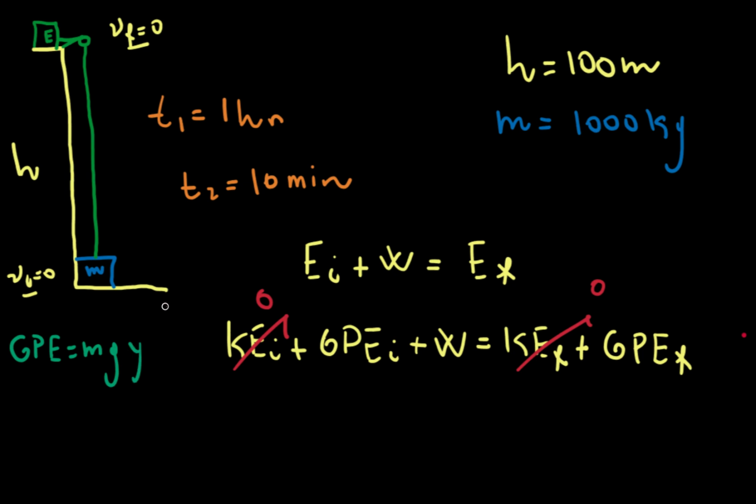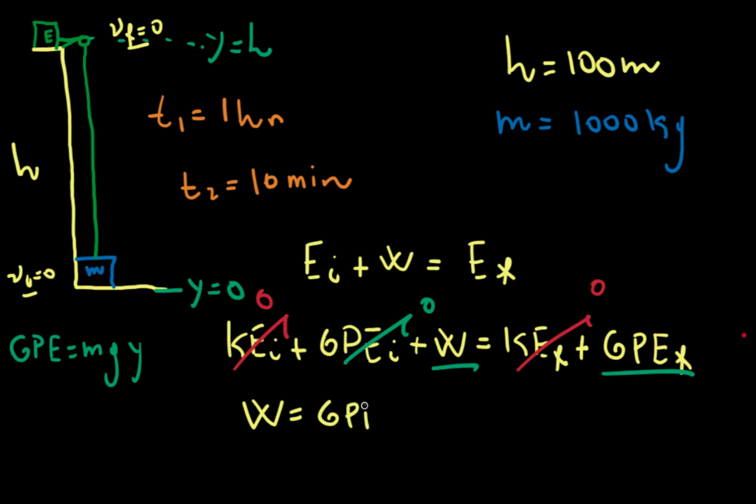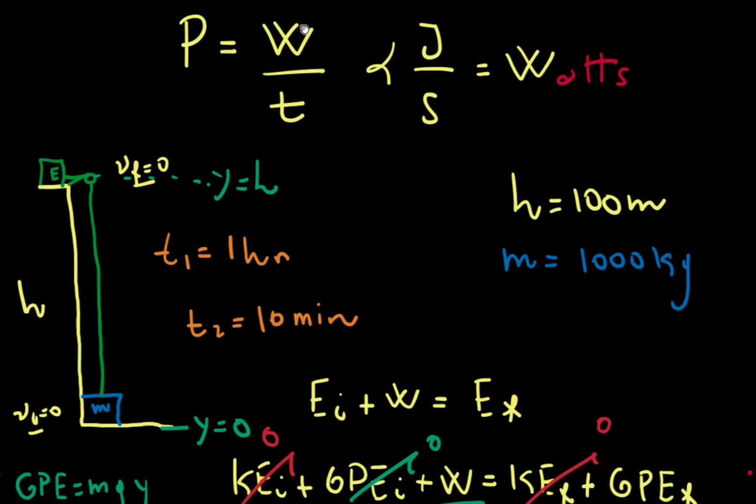To save some time, I'm going to set y equals 0 here, and up here we'll set y equals the height, which is 100. So gravitational potential initial is 0, because y is 0. That's 0, and what's left becomes our work. So the work here is the gravitational potential energy final, which is mass times gravity times the height of the building. So we have work, and now work is what goes up here.